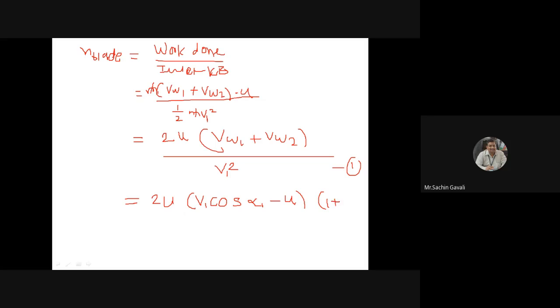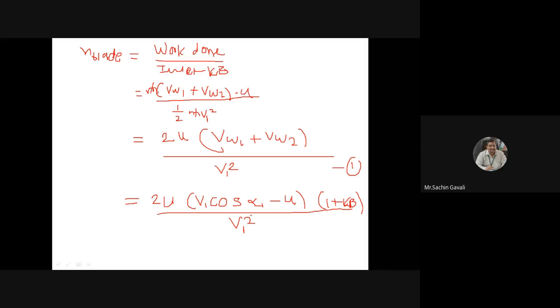I explained this, do you know this formula? We derived it from the diagram. VW1 plus VW2 is equal to what? V1 cos alpha 1 minus U into bracket 1 plus KB divided by V1 square.